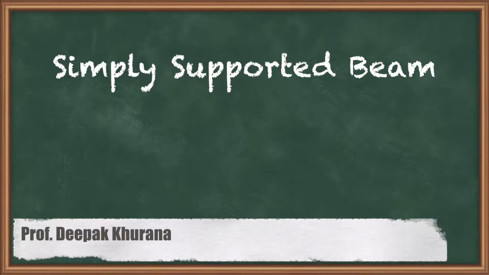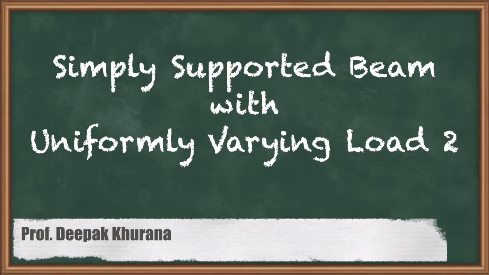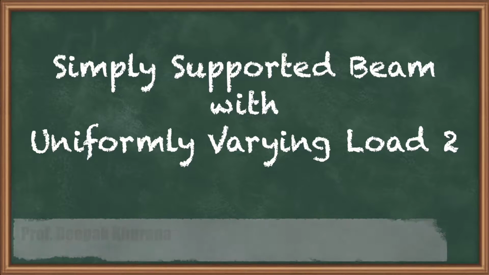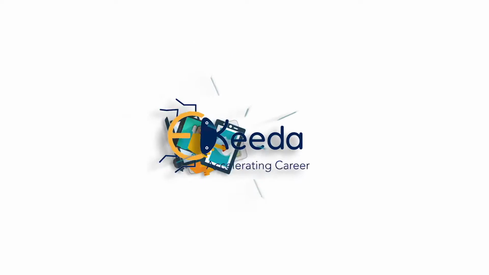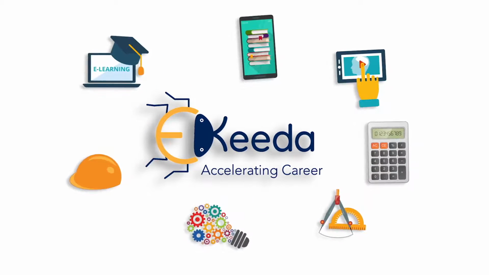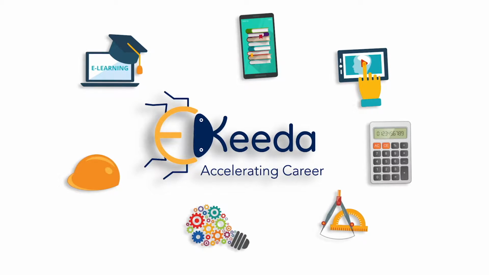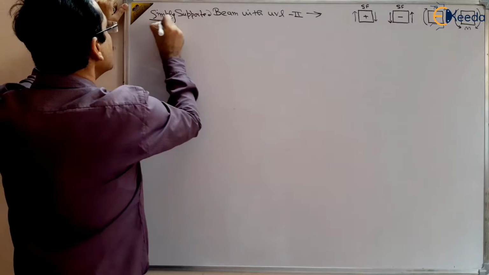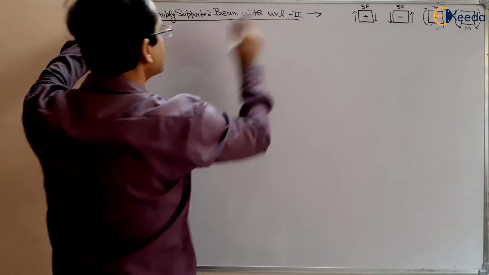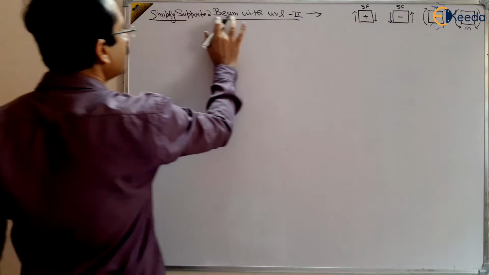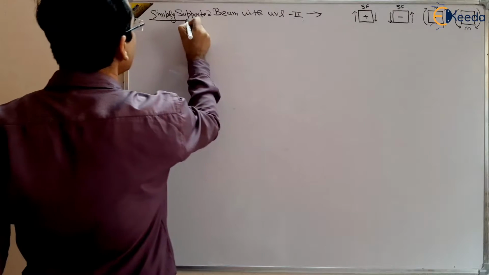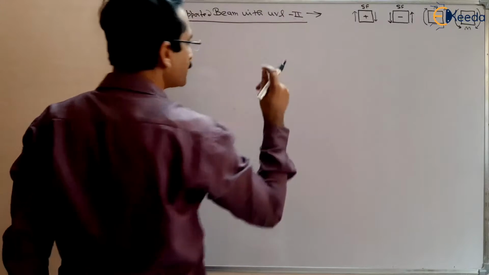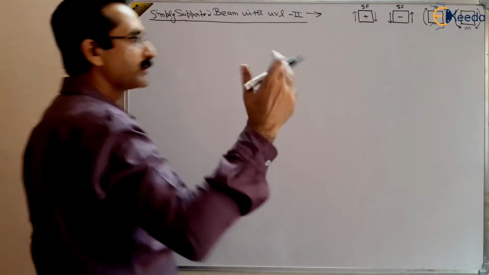Hello everyone, let us take one more example of a simply supported beam with uniformly varying load. This is the second case we are taking, and a different type of loading is there in this case. Previously the loading was maximum at one end and zero at the other end.